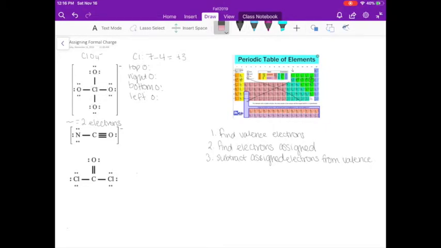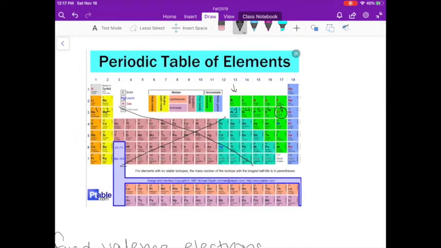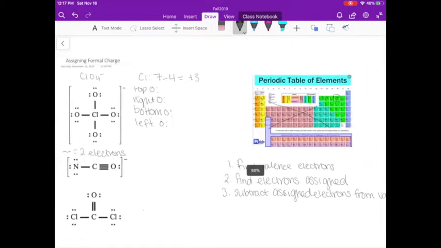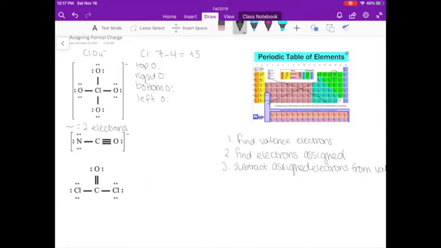Alright, so let's look at this top oxygen. Going over to our periodic table, we can locate oxygen as it is in the 16th group of the periodic table. And then counting our way over, 1, 2, 3, 4, 5, 6, we see that oxygen has 6 valence electrons.